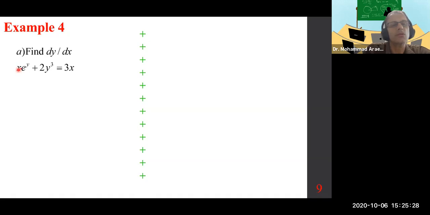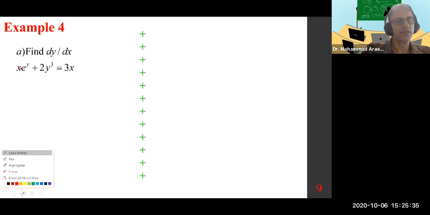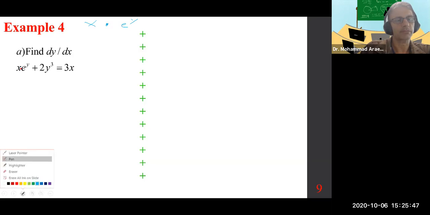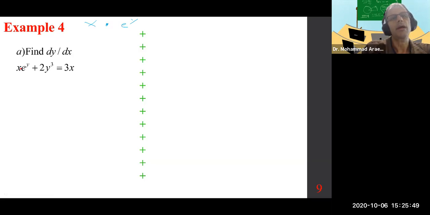Okay, so maybe I write this because I want to make sure everybody understands what's happening. Take a look at just the first piece. The first piece, class, is x times e to the power of y. So therefore, x gives us 1 times e to the power of y. We are looking at the product rule.